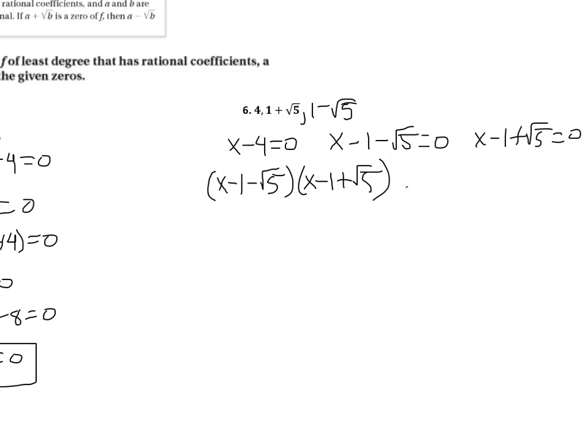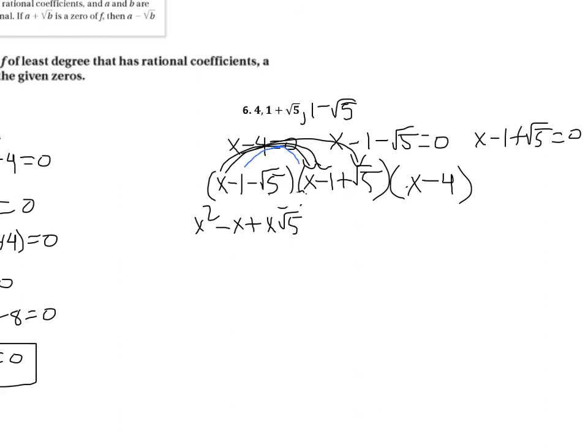So when I write these down this time, I would go like this. Now just distribute: x squared minus x plus x times the square root of 5. Missed one.